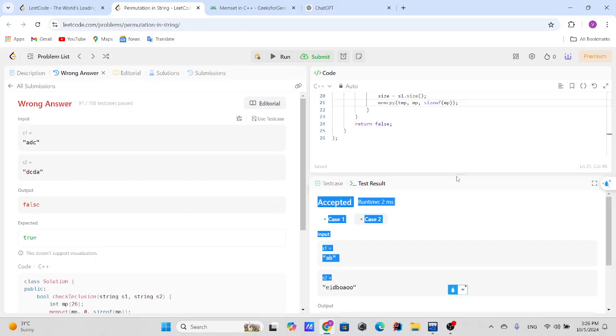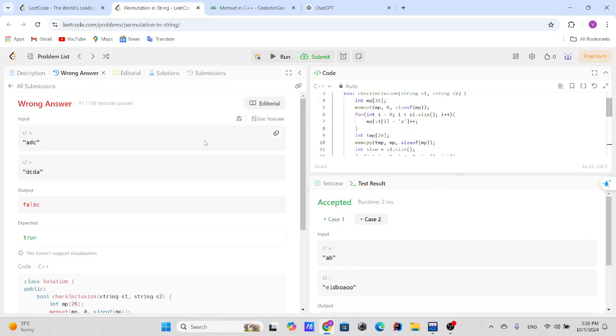Okay, this approach is kind of incorrect. Let me think about another one. Okay, that was dumb from me. That was super dumb.